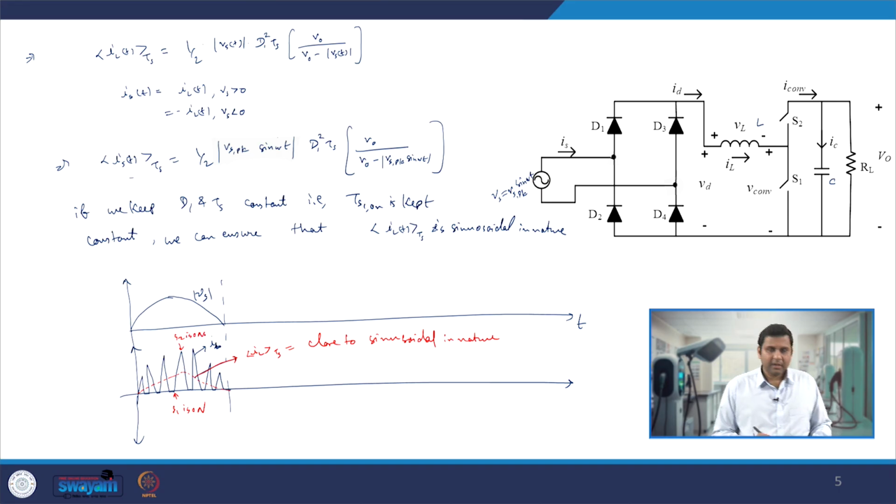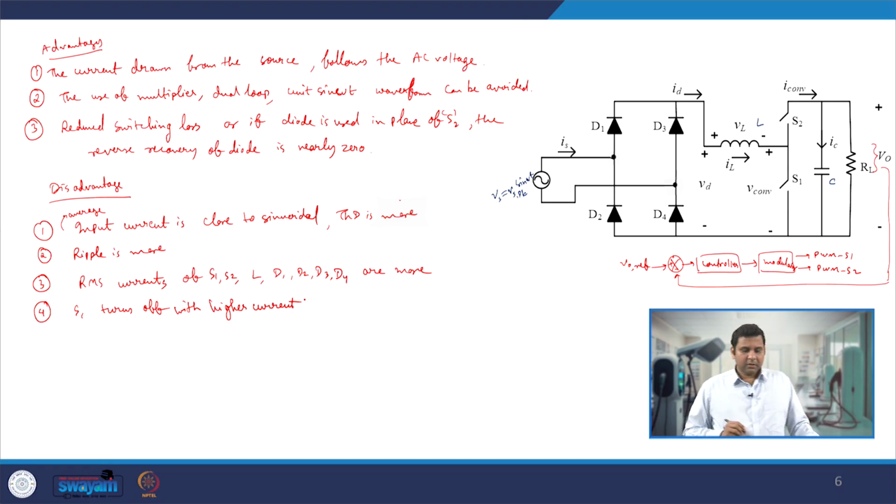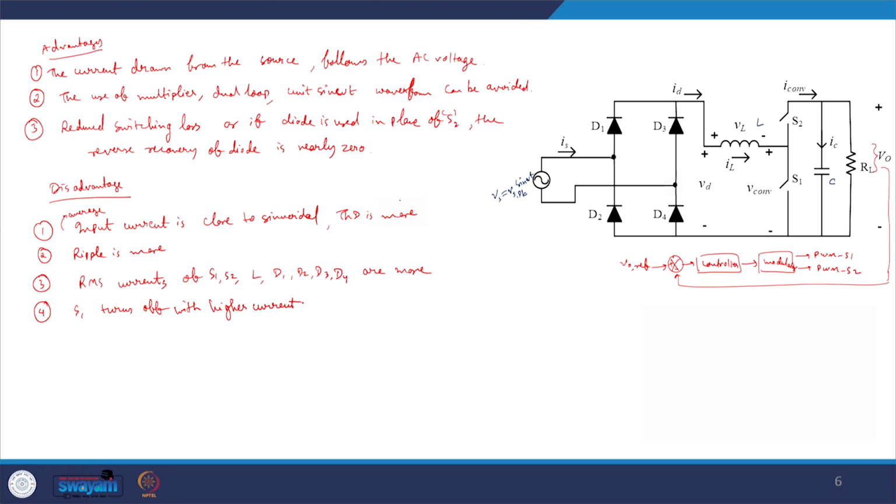So you will see that S1 turns off and S2 turns on, which means S1 turns off with higher current. Thus, sometimes we have more switching loss, or we need to ensure that the gate driver or the parasitics do not get activated because of that.